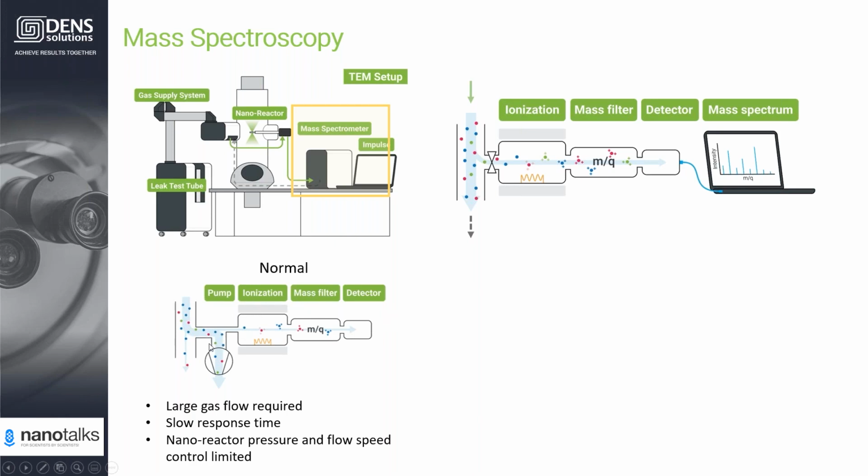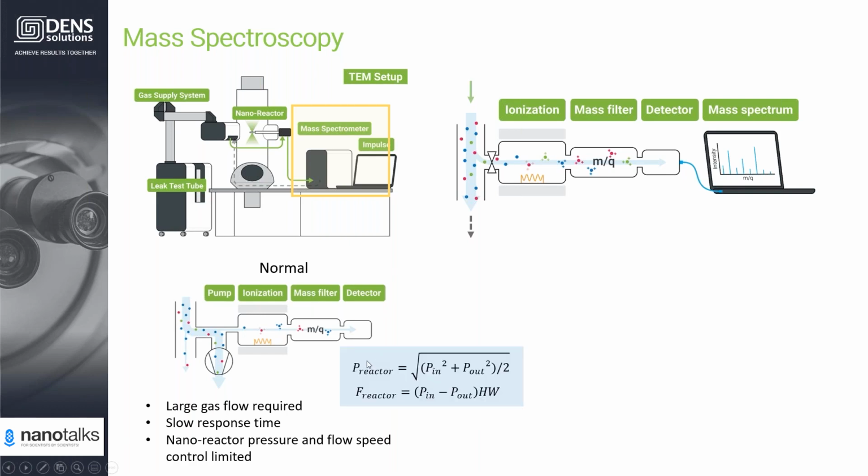And this pump will pump nearly most of the gas away. Only a very small portion of the gas can go to the detection part. In this setup, large gas flow is required and response time is slow. And nanoreactor pressure and flow speed control is limited.